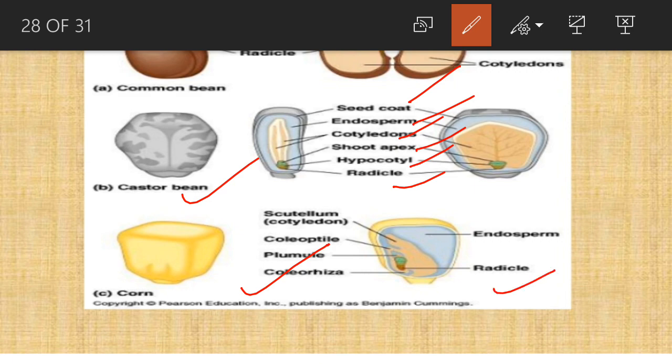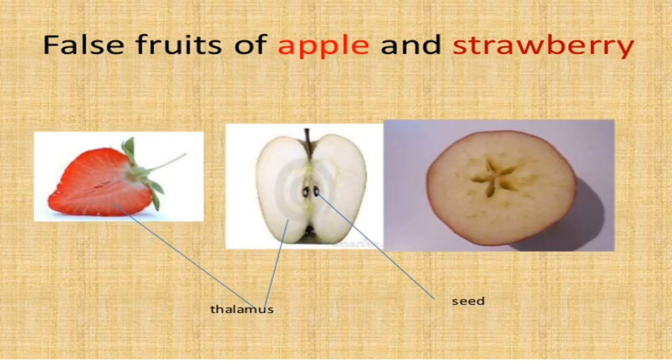This is the radicle covered by the coleorhiza, plumule covered by the coleoptile protective sheath, then a scutellum, that is the single cotyledon, and there is endosperm outside, above the embryonic axis. This is a diagram of a monocotyledonous seed.